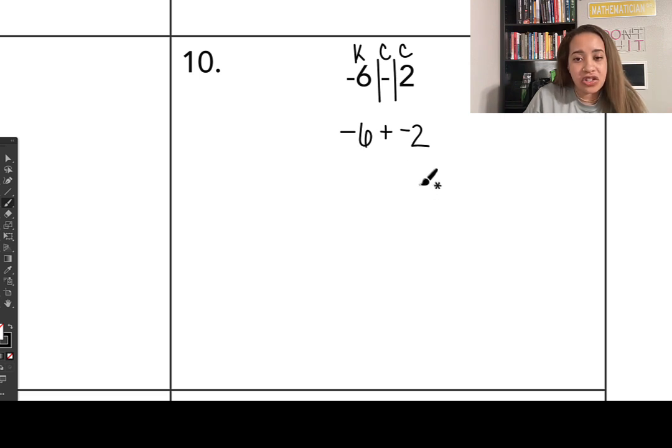Both of the integers are negative. So we can say same signs add. We are adding 6 plus 2, and that gives us 8. Since both numbers in our original addition problem were negative, our final answer also needs to be negative. Negative 6 minus 2 gives us negative 8.